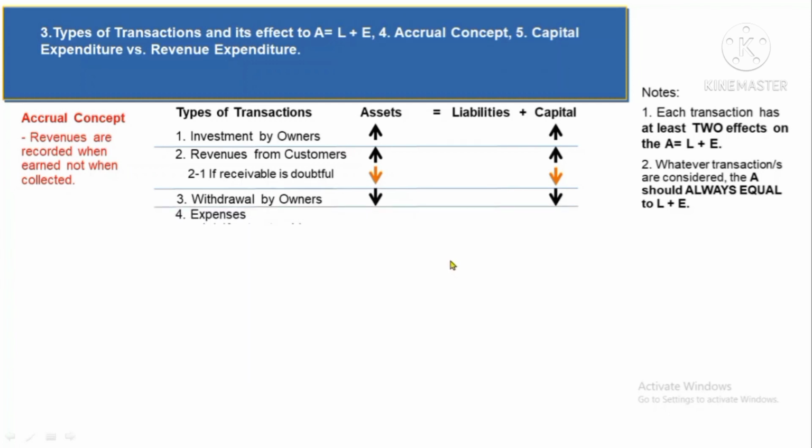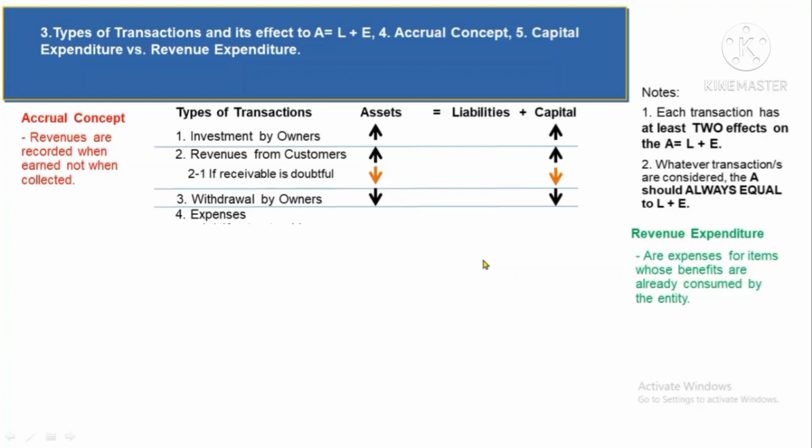But before we go to the effect on the assets, liabilities, capital or equity, let me clarify something. The expenses that we are talking about are considered as revenue expenditures. What are these? These are expenses for items whose benefits are already consumed by the entity. For example, when you pay for the water bill issued by water districts or suppliers for the water you have already consumed this month.